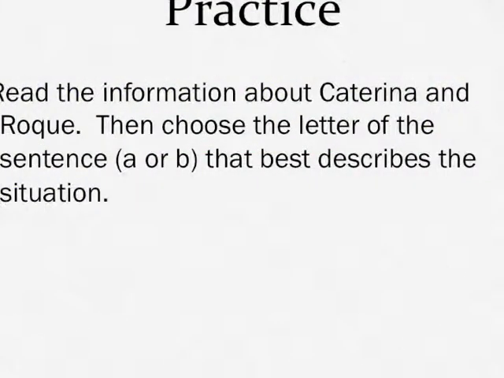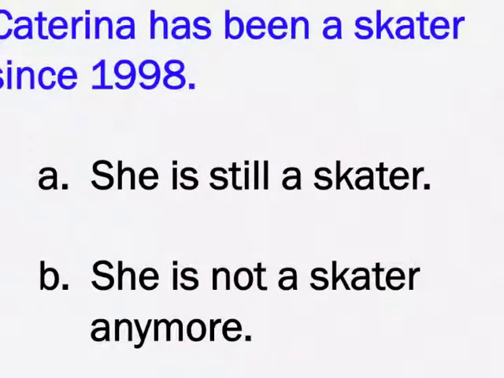It's time to see if you understand the present perfect. You will read a sentence, then you choose sentence A or sentence B to describe the situation correctly. Katerina has been a skater since 1998.